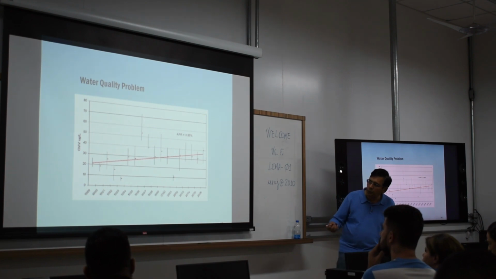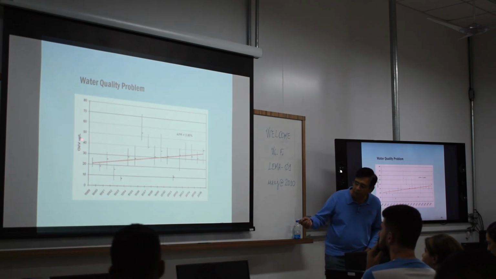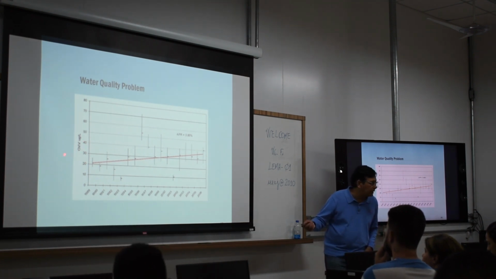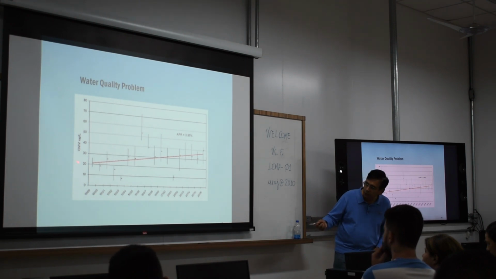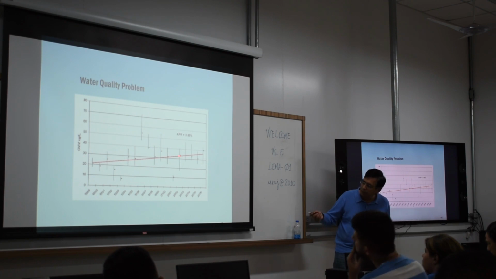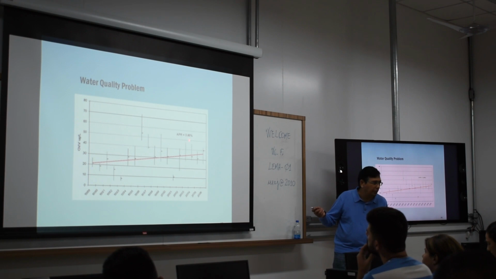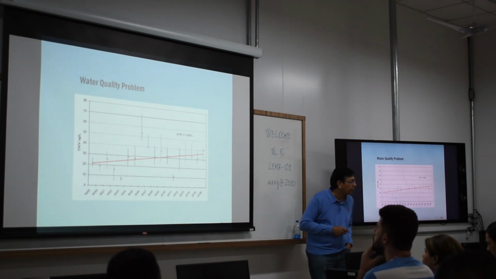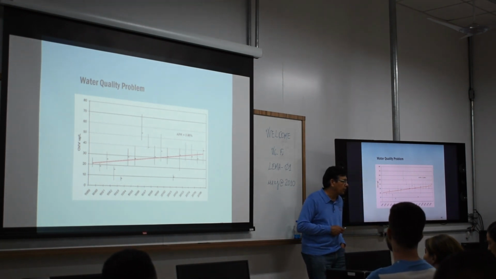This gives you a perspective on chlorophyll, which is the algae in the lake. From 1989 to 2006, you can see a steady increase in algal growth. It's almost 4% per year, increasing because of the phosphorus load going into the lake.